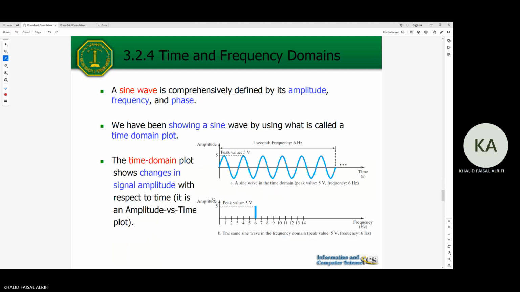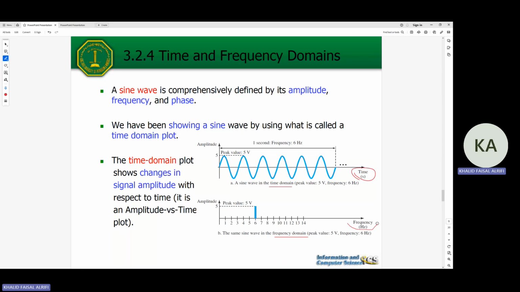Okay. Time and frequency domain. We have two ways to represent the sine wave: either the time domain or the frequency domain. If it's the time domain, you will see it as we used to see it. You have the peak as 5 volt, and you have the normal visualization for the sine wave.